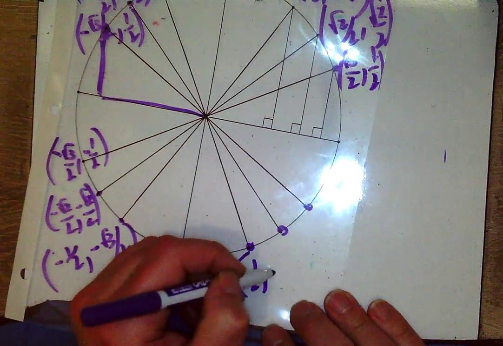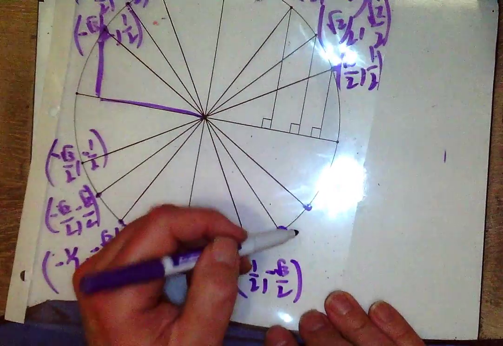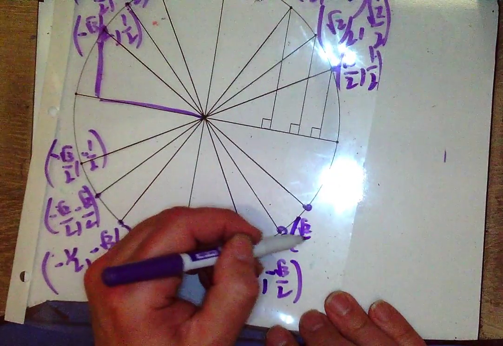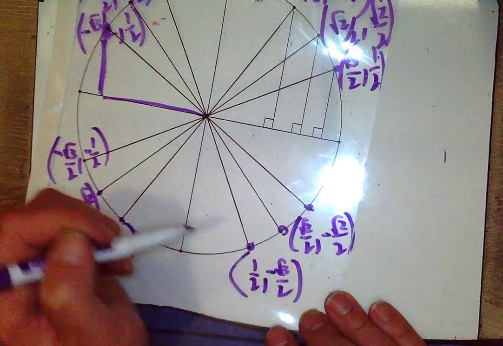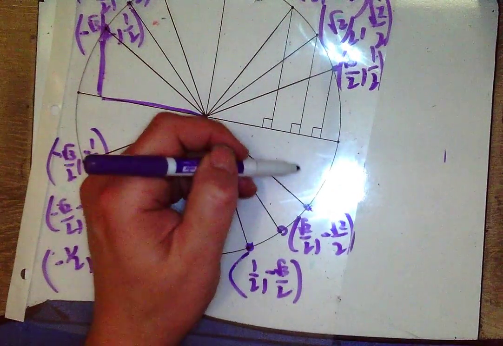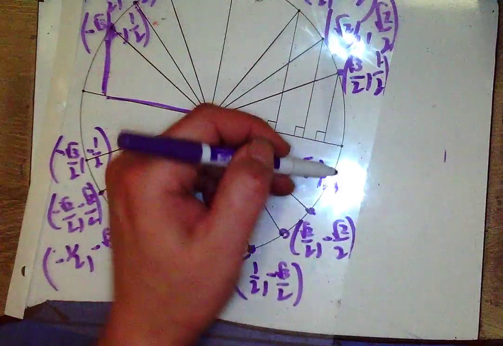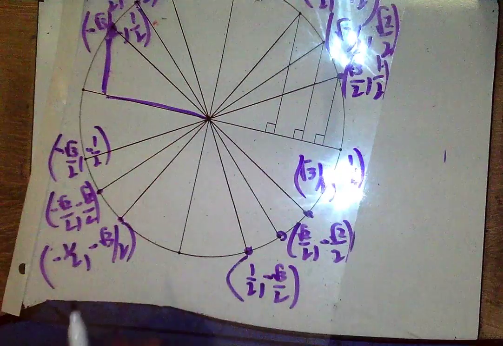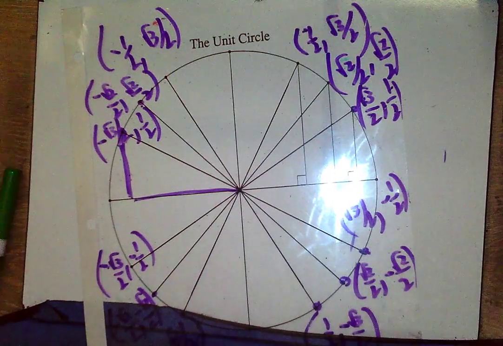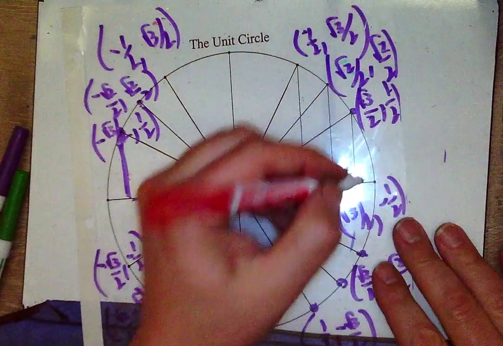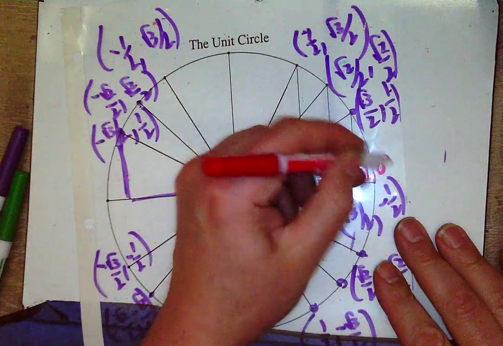Positive 1/2, negative root 3 over 2. Positive root 2 over 2, negative root 2 over 2. And finally, this one is going to be root 3 over 2, negative 1/2. Great. So those are all our coordinates, except for this one is 1, 0.